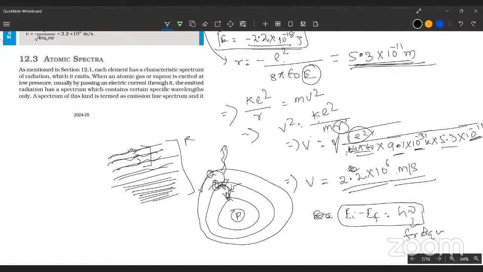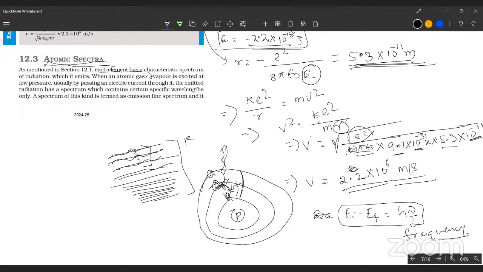When it is jumping from different levels, let's say 2 to 1 or 3 to 1, it will emit different wavelengths, so different frequencies will come up, because frequency depends upon the wavelength. So it will emit a spectrum of different wavelengths. That is called atomic spectra.